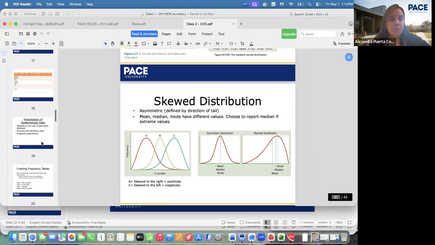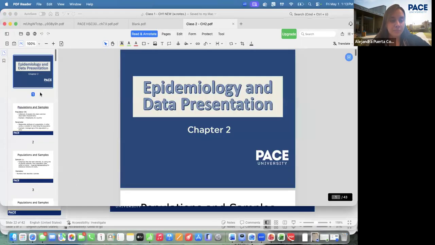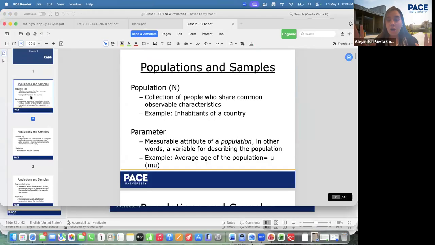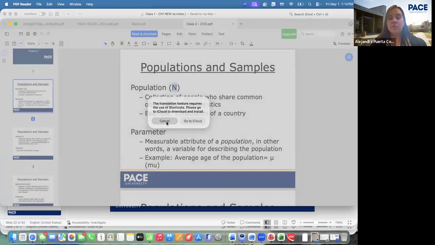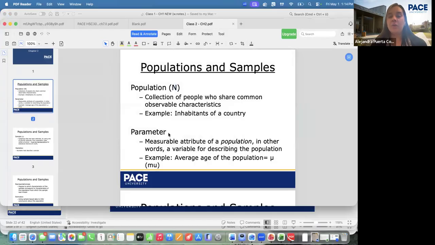Okay, let's do class number 2. Always very important to remember, population is everyone, right? And we call it capital N. And in a population, we will look at parameters, which we cannot calculate, but we will have parameters from samples, right?